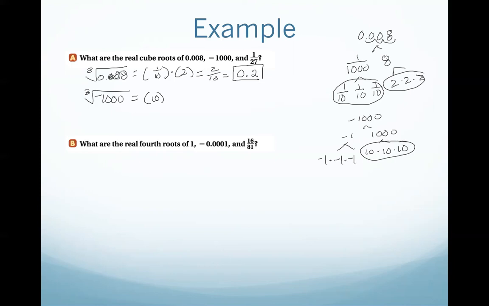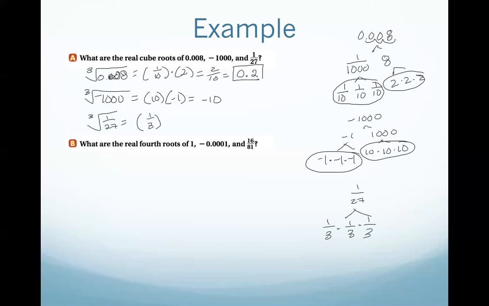So that I have 3 copies, and that is how the cube root of negative 1,000 is negative 10. And then we have the cube root of 1 over 27. I can write that as 1 over 3 times 1 over 3 times 1 over 3. 3 times 3 is 9, times 3 again is 27. So our answer here is 1/3.